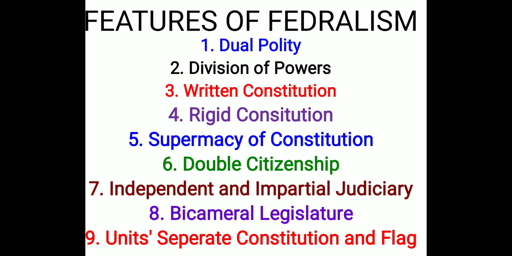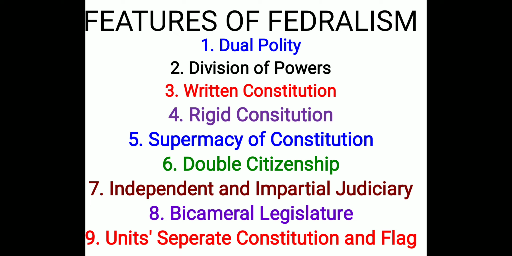Like in India, we have three lists having different subjects, like union list, state list, and concurrent list. Union list has the subjects of national importance, and state list has the subjects of state or regional importance, and the concurrent list has the subjects which are of importance to both national as well as state.